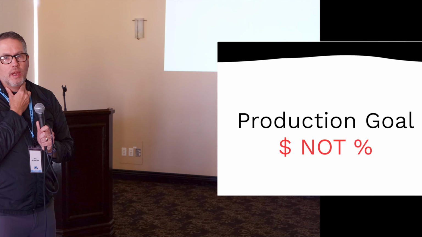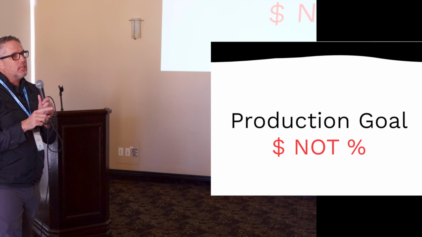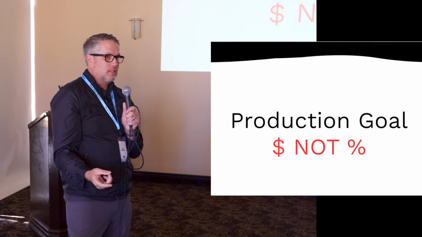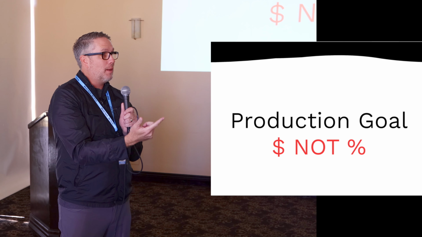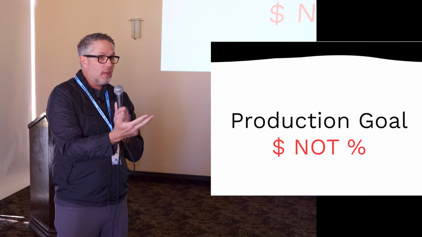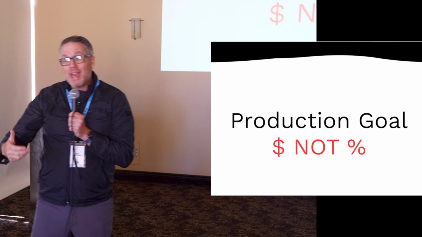So it all starts with your production goal. Your production goal should not be a number of units, because if you're on a team, or if you're on OpCity or Zillow Flex, I hate to tell you this, you're on a team. Okay. If you're buying Zillow leads, you're on a team.